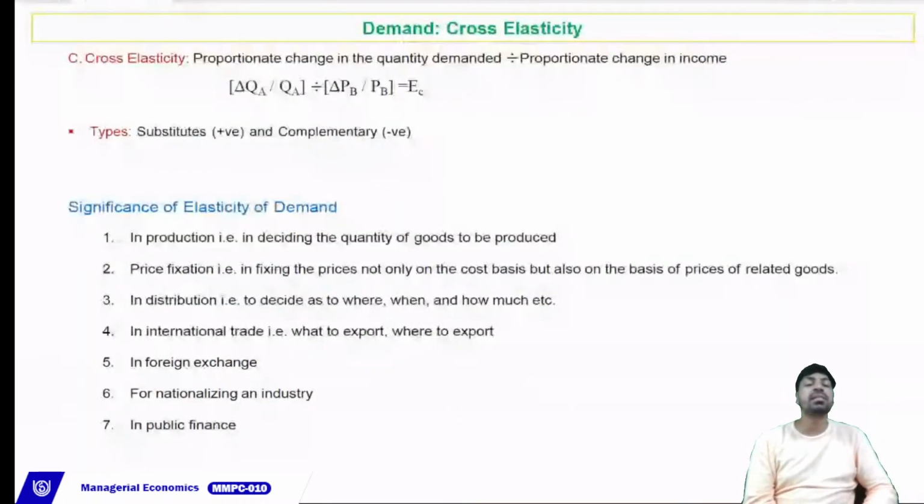Cross elasticity is the ratio of a proportionate change in the quantity demanded of product A to a proportionate change in the price of product B. That is, the change in quantity demanded of product A divided by the quantity of A, divided by the change in the price of product B divided by the price of B. That is called cross elasticity, where we consider substitutes and complementary goods, which are called related goods.